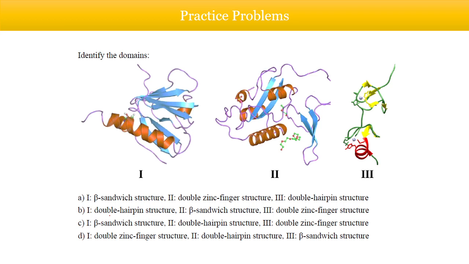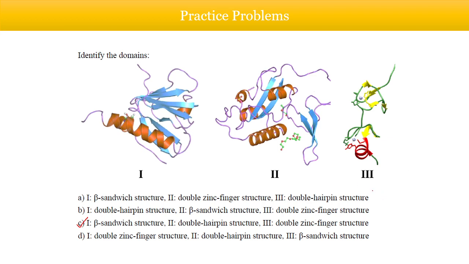The second one is your double hairpin structure, and the third one is your double zinc finger motif. So the correct option is C. Beta sandwich structure 1, double hairpin structure 2, and the 3 one is your double zinc finger structure.